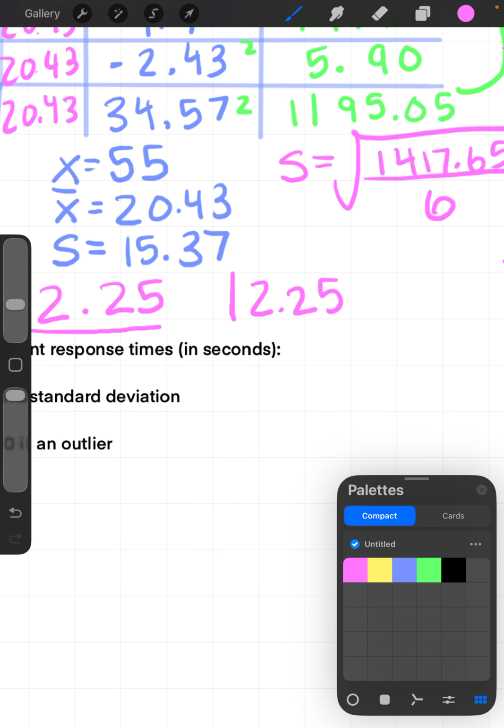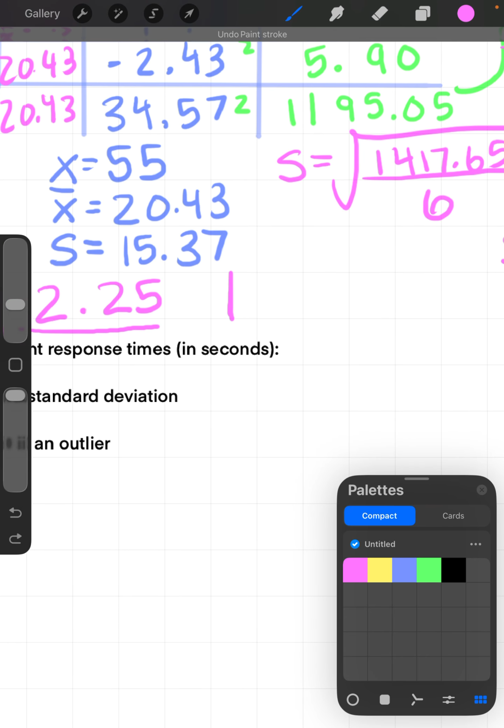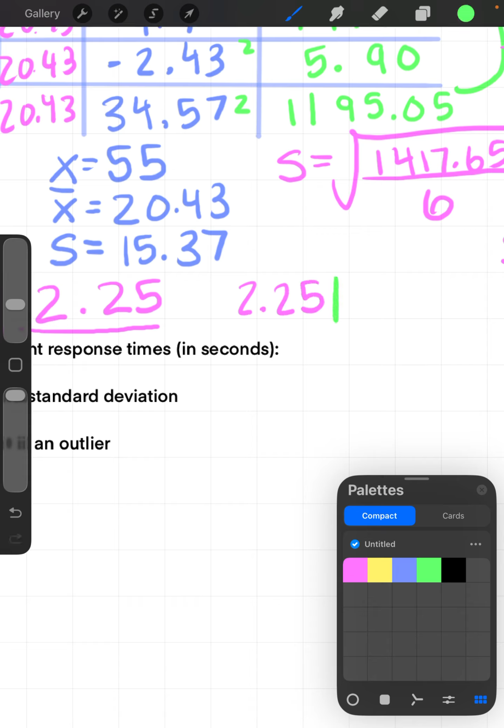These lines here mean whether it's positive or negative.